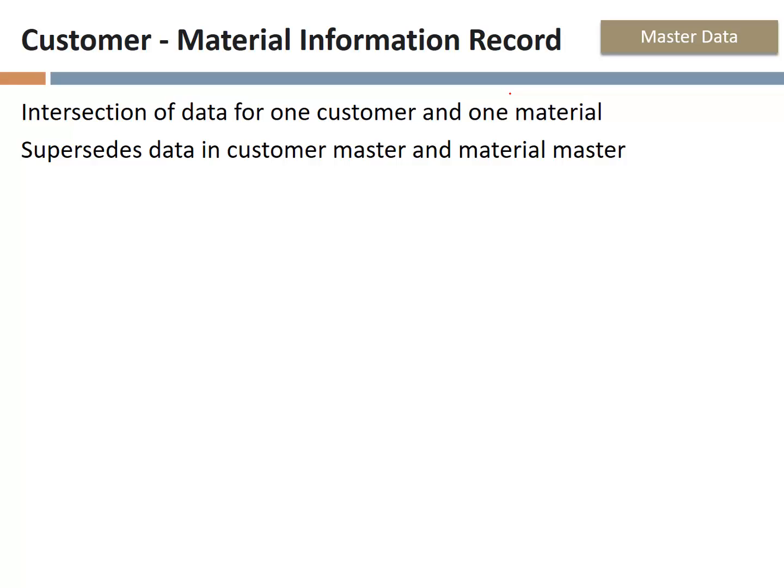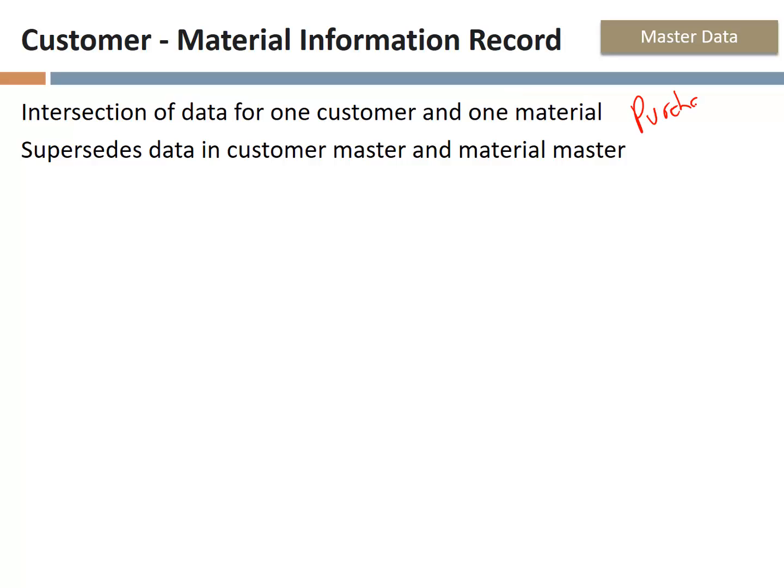What did we see in the procurement process that was an example of this? For people listening in the recording, everyone in the class just shouted, and it didn't get picked up because they all know this so well. They all shouted, purchasing info record, okay?